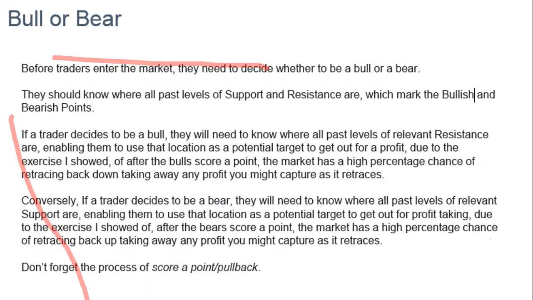So if a trader decides to be a bull, they will need to know where all past levels of relevant resistance are, enabling them to use that location as a potential target to get out for a profit. Now, if you are buying, you saw former resistance in the chart. That is your possible target. You are heading there, you are taking your profit there, because history must actually repeat itself. That is the law. Either price will consolidate there, return back, or it will break above.